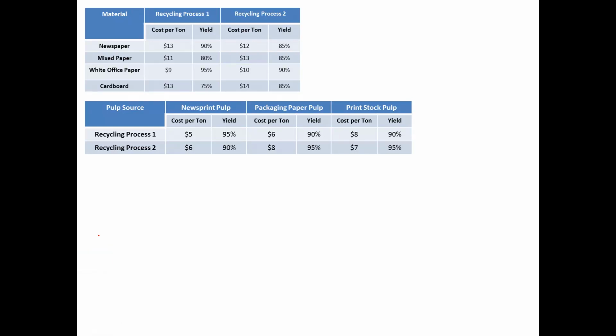Let's just take newspaper as an example for the analysis. When it goes to recycling process 1, it will have a yield of 90%, so when it goes out you multiply by 90%.